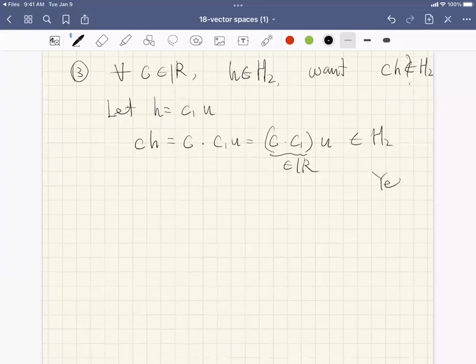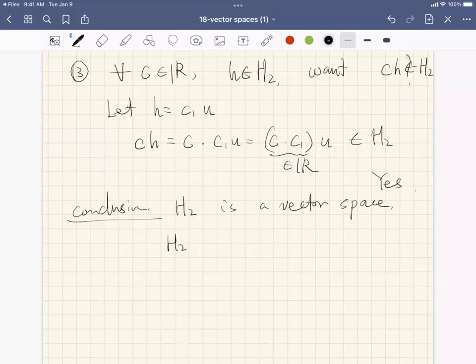So yes, we proved this is a vector space. So conclusion, H2 is a vector space, and this is a subset of R2, so H2 is a subspace of R2.